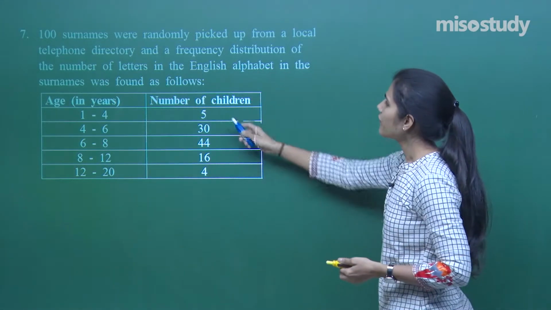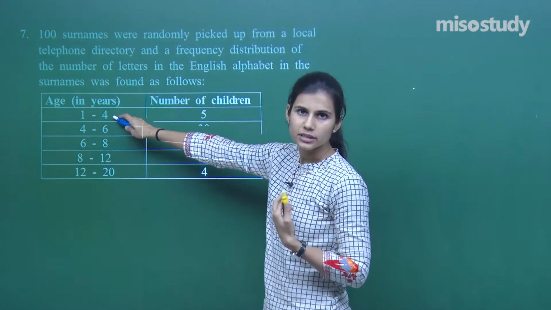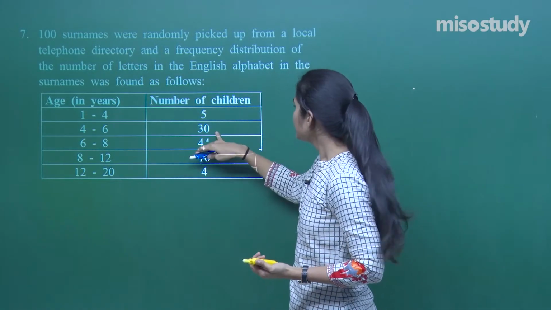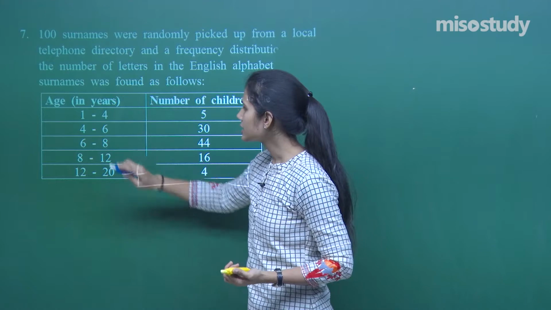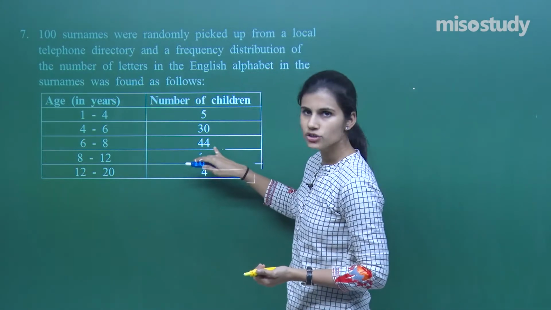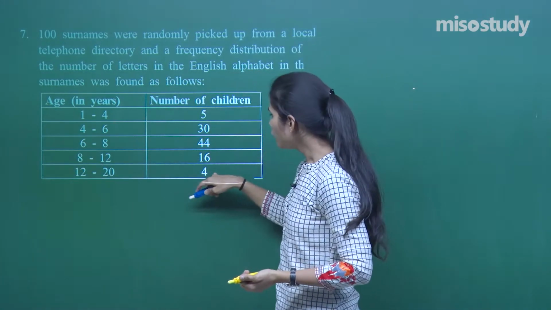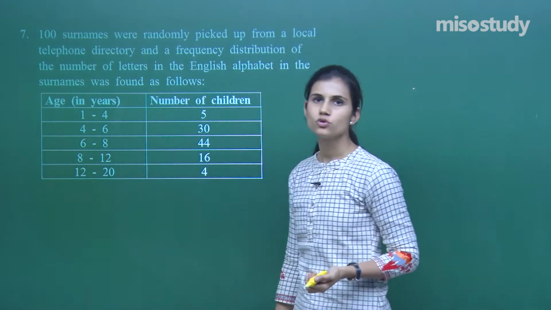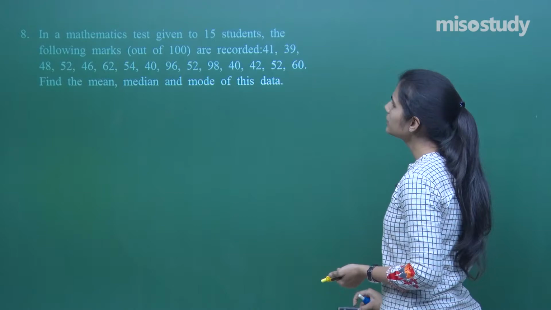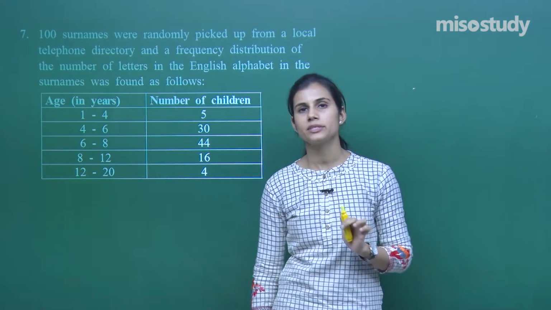It is actually that 5 people are there whose surname contains 1 to 4 letters, 30 are there whose surnames contain 4 to 6 letters, 44 people are there whose surnames contain 6 to 8 letters in English, and 16 people are there whose surname contains 8 to 12 letters, and 4 people are there whose surnames contain 12 to 20 letters in English. So what basically is supposed to be done, if I talk about this question, you are supposed to actually draw a histogram and represent this data.